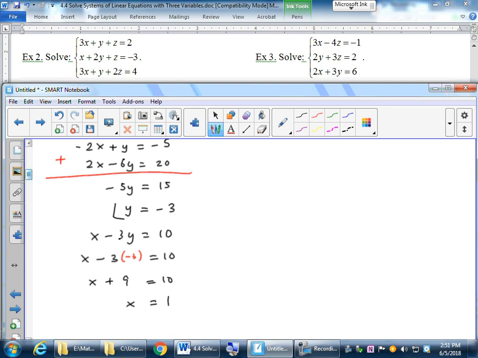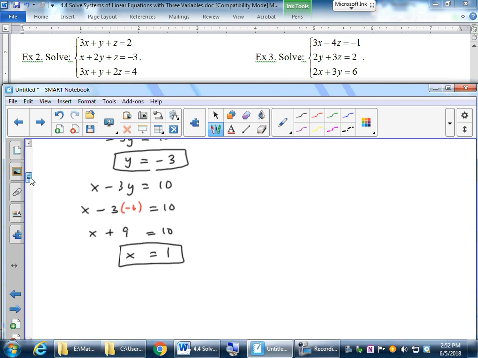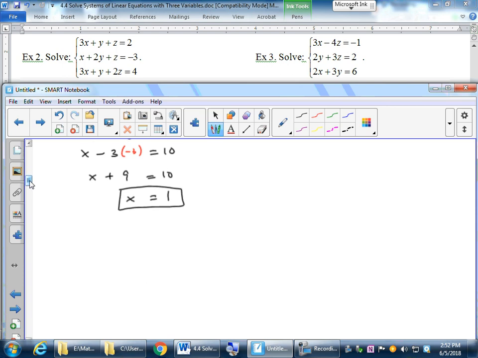Now I have y and I have x. Therefore I can go back and plug them into one of the original equations, which has 3 variables, to find out z. So I have 3 choices. I can choose the first equation, which is 3x plus y plus z equal to 2, and then substitute my x and y.